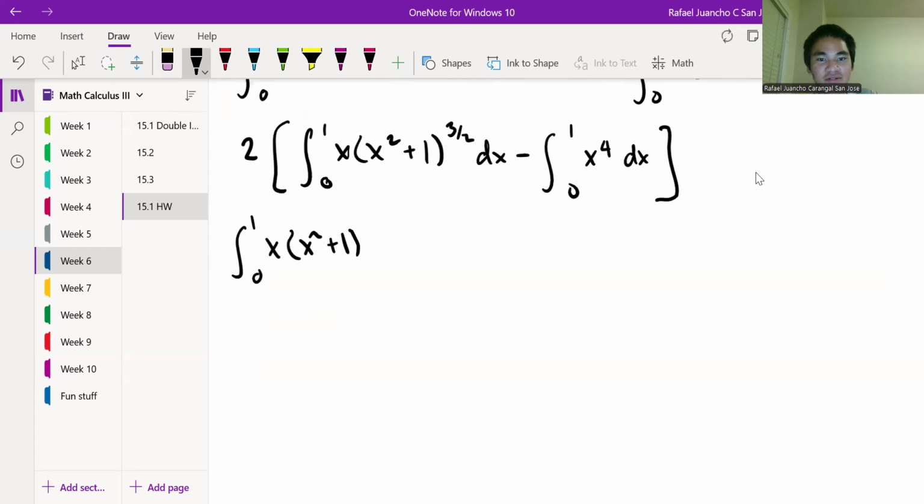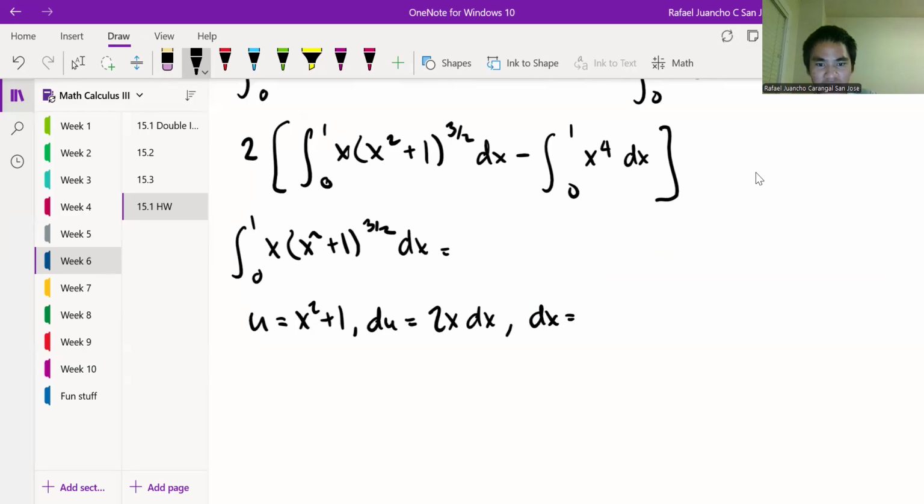So that's the thing about integrals. You want to keep peeling off everything until we get it. So here I'm going to do a u-sub. So u is equal to x squared plus 1, right? And then my derivative of that is 2x dx. So dx is du over 2x.